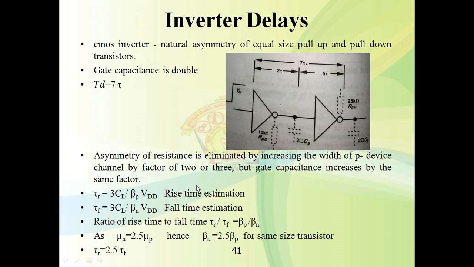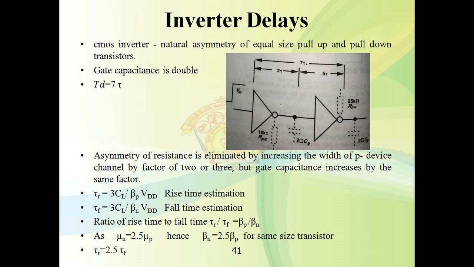At that time the p-type transistor, the pull-up transistor, is on, and the final answer for tau r is 3 CL divided by Bp into VDD, where CL is the charging capacitance. As discussed in the first module, Bp is a constant that depends upon the permittivity of the SiO2 layer, the permittivity of free space, the mobility of holes, divided by the thickness, into the length to width ratio.